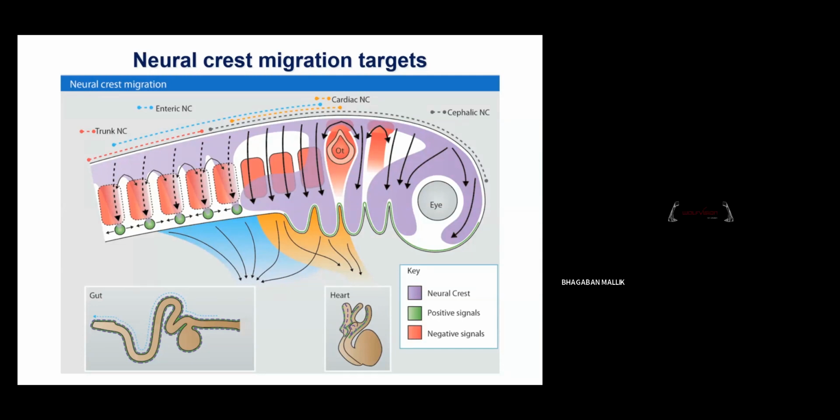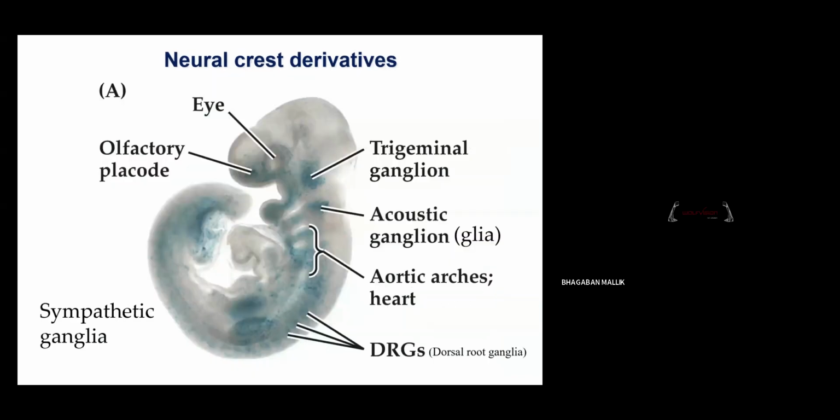So neural crest cells are multipotent stem cells. They form different structures, including neurons, and different structures of the body during development. This shows the different structures that are formed from the neural crest.